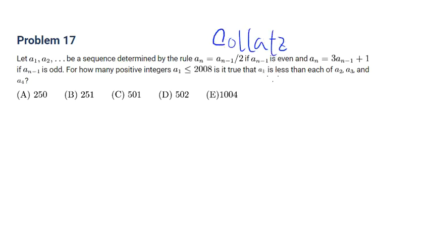There's an unsolved conjecture involving this sequence, which states that for basically any positive integer A1, the sequence will always eventually reach 1.